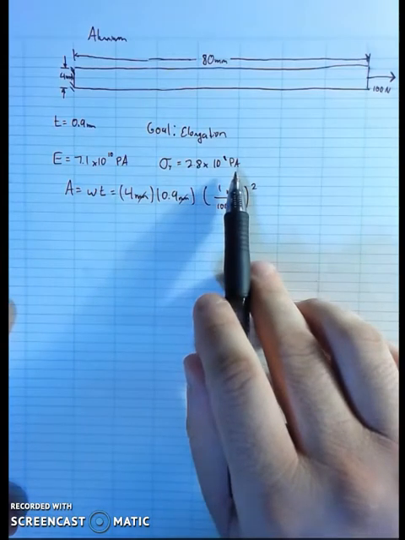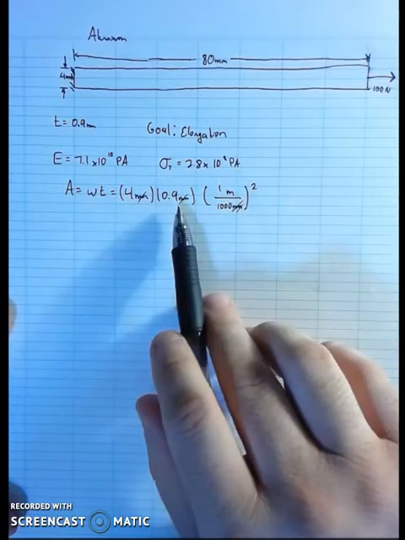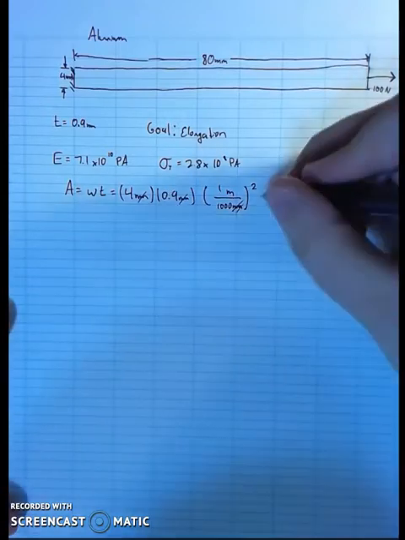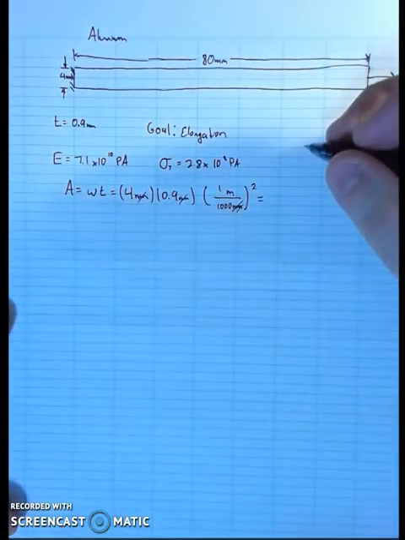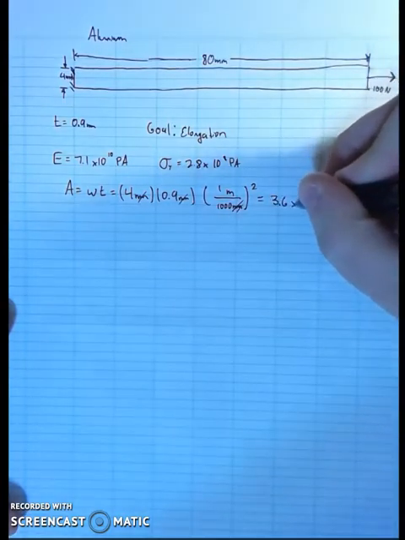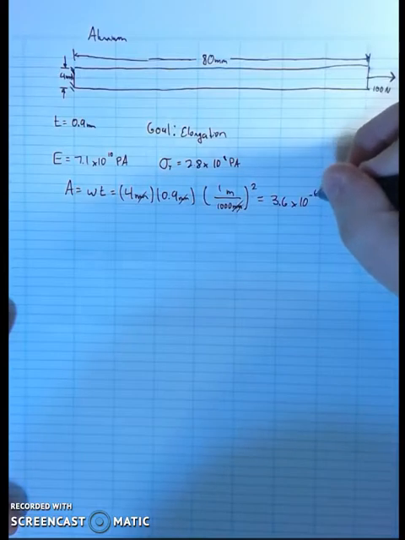Pascals carry units of newtons per meter squared, and so I want my area in meters squared so that I can do a multiplication without having to make additional unit conversions. So if I do this calculation, what I end up with is 3.6 times 10 to the minus 6 square meters.